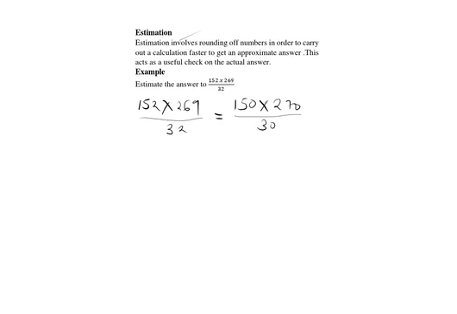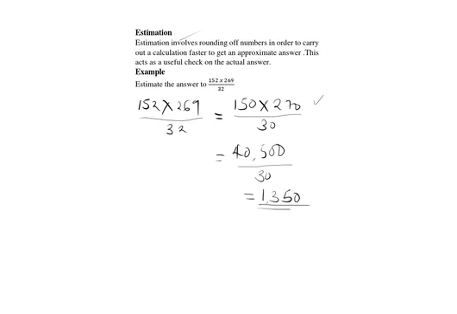our calculations on this will be very easy, because we'll have 150, you multiply by 270, and that one will give you 40,500, which is quite easy and faster than multiplying 152 by 269. Divide by 30, and this gives us 1,350.